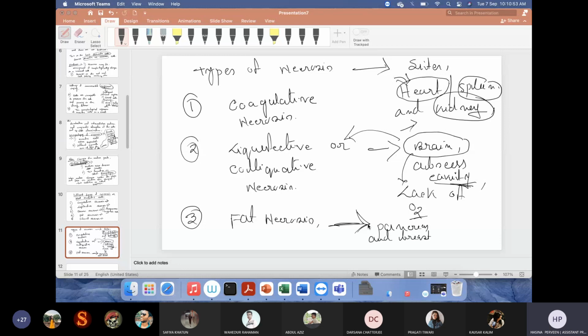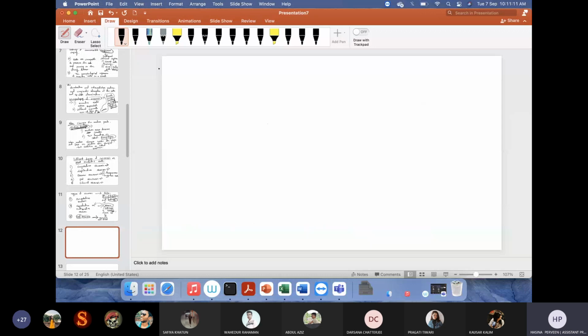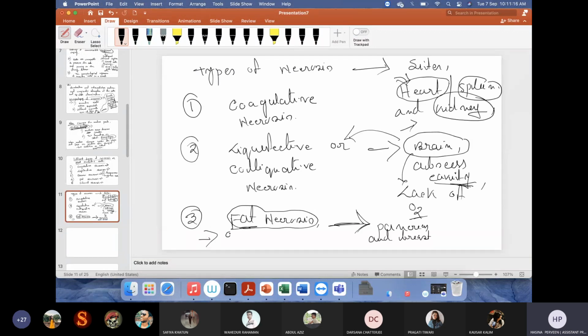How high amount of fat compositions are deposited in pancreas and breast? That means normal cells become necrosis, and this necrosis is the fat necrosis. Okay. And its indication is the breast cancer. When these necrotic cells form, that means clinically pathological condition is the breast cancer.